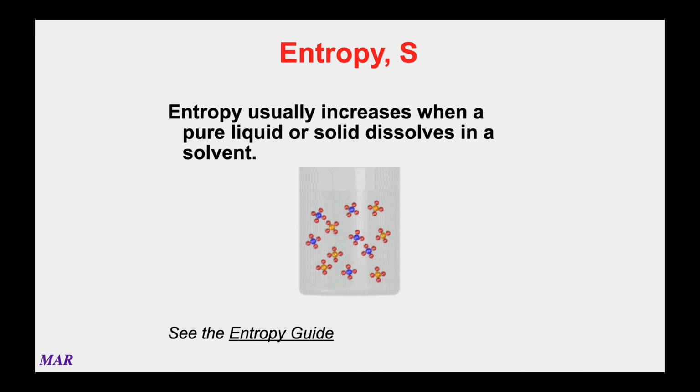You are taking that nice concentrated ionic lattice, putting it into a pure solvent, making a bunch of ion-dipole forces, and breaking things up. So usually entropy gets bigger. This is the weakest of all these assumptions though, and we're going to see in lab some exceptions to this rule. I'm letting you know. But overall, if you have to guess, making a solution will increase the entropy relative to the pure substances.